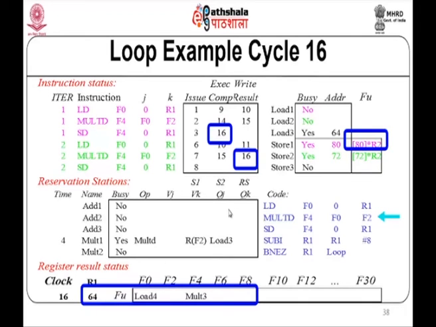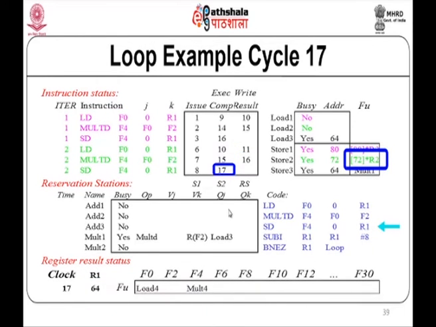So once it writes into CDB, you know that the second store can also finish. So in the 17th clock cycle, the second store of that iteration can finish. So you find that the store of iteration 2 completes in the 17th clock cycle.